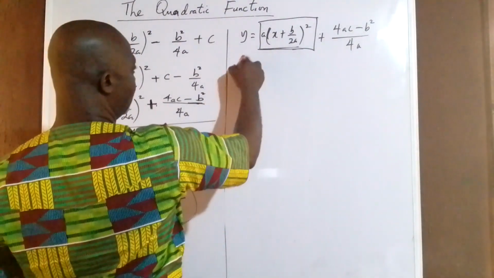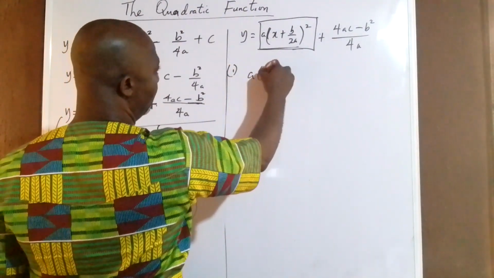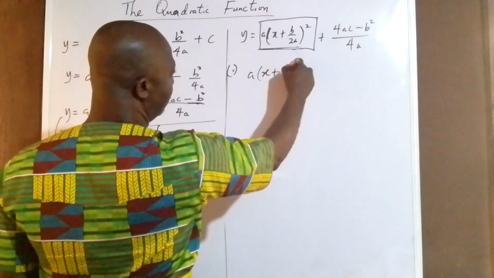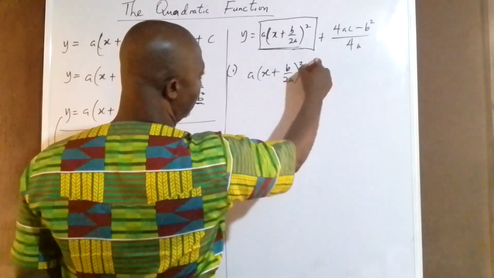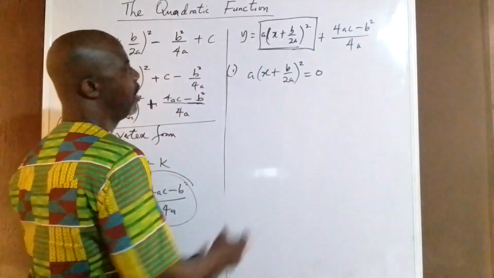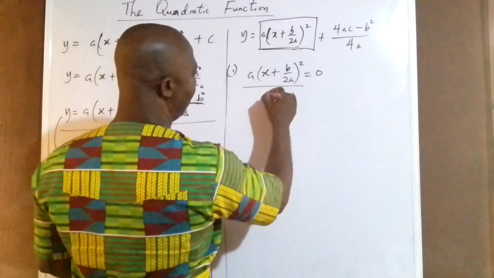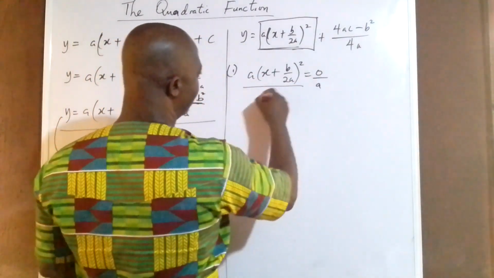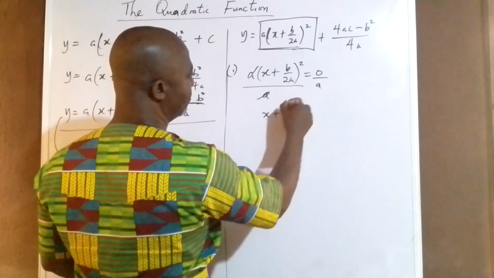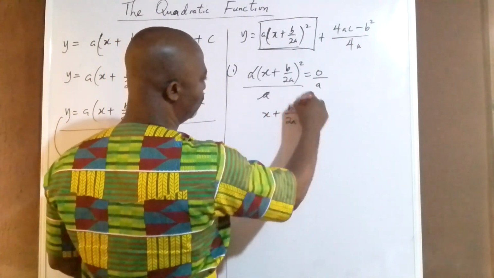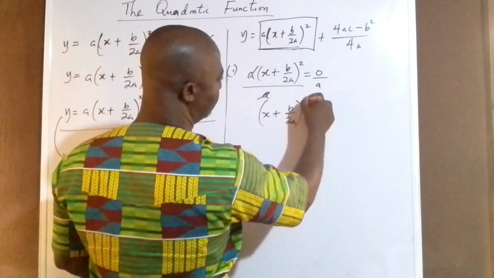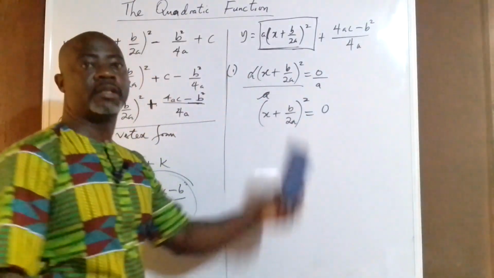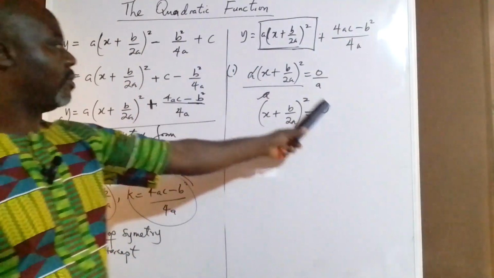So to find the axis of symmetry, we say a open bracket x plus b over 2a squared equal to 0. And then when you divide both sides by a, we have that x plus b over 2a squared equal to 0, because 0 divided by any number is 0.